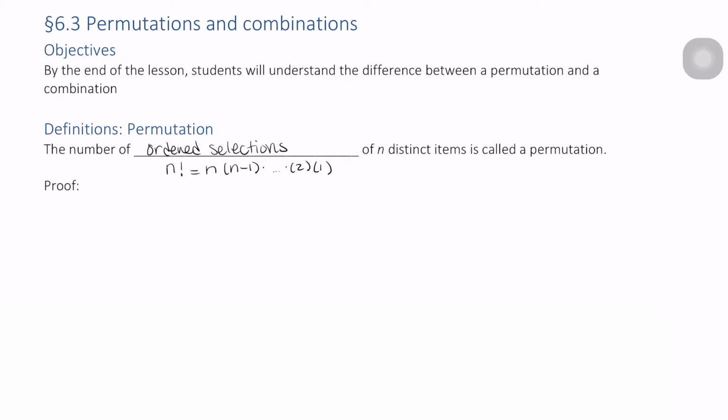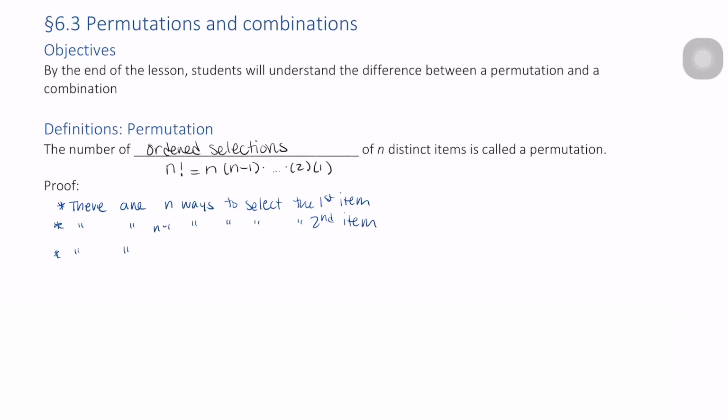Now let's prove it. There are n ways to select the first item. There are n minus 1 ways to select the second item.